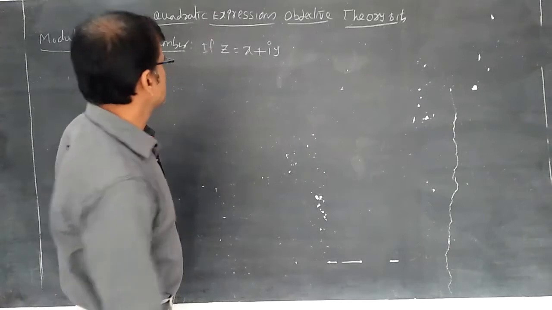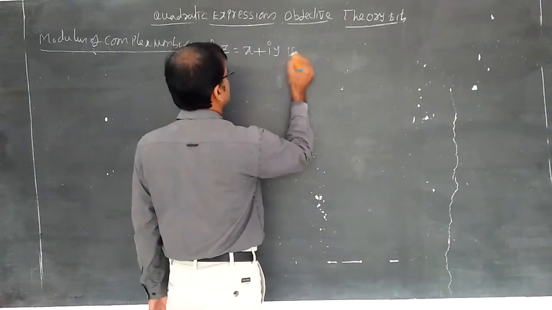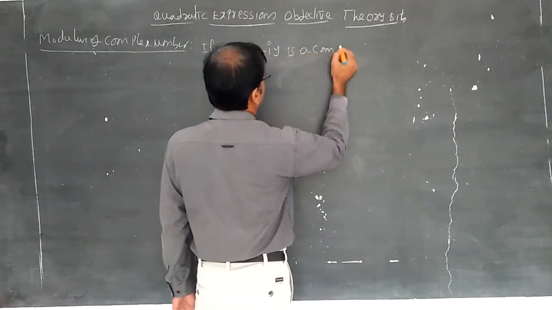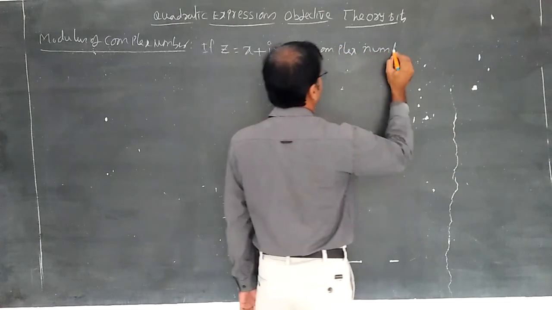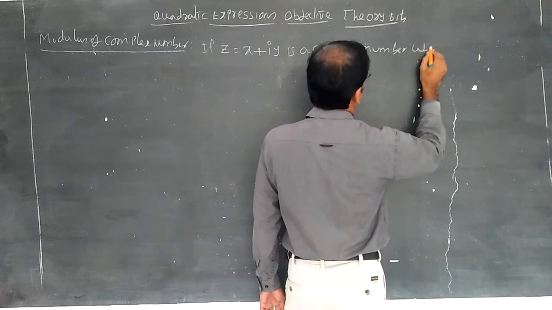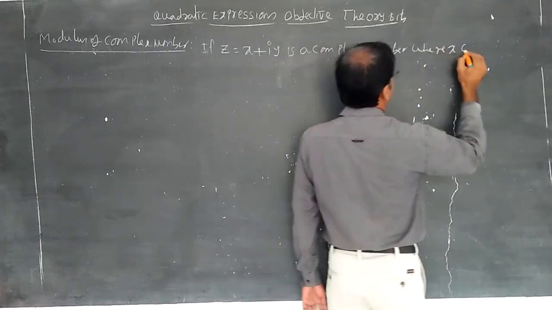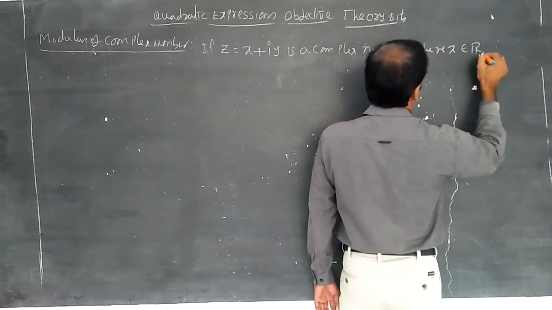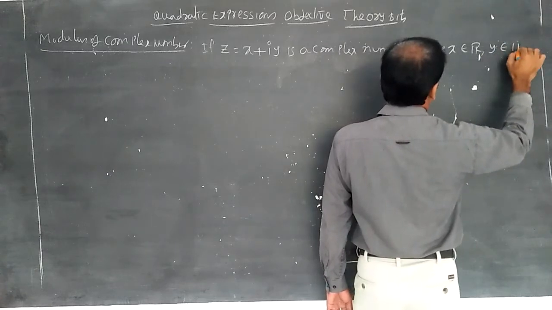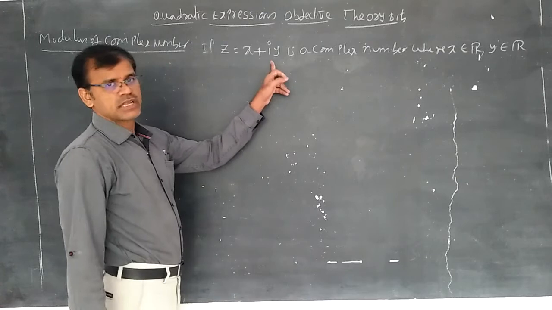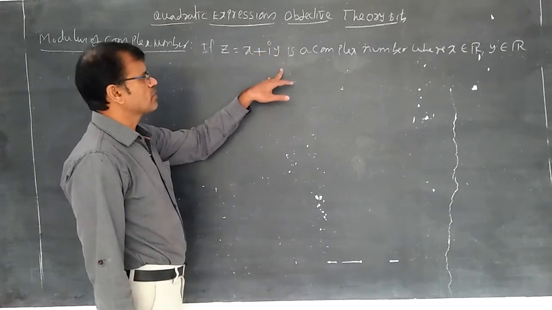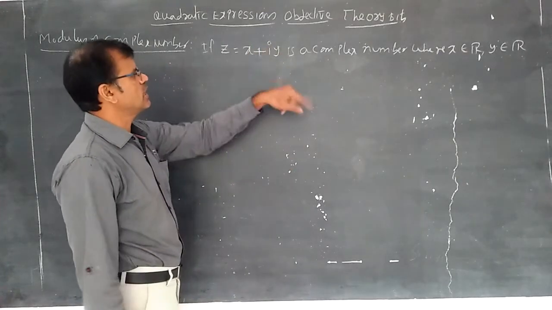If z = x + iy is a complex number, where x belongs to R and y belongs to R. Here y is not imaginary; y is real and x is real.